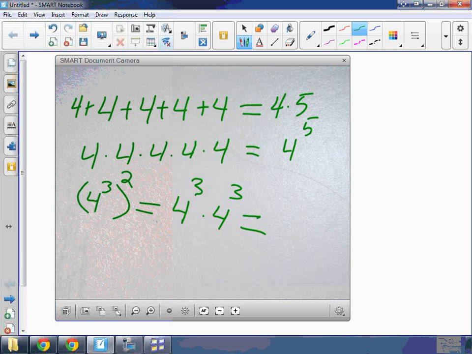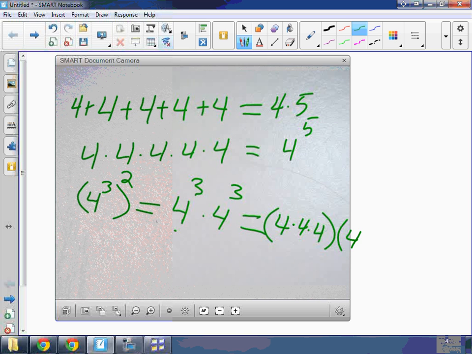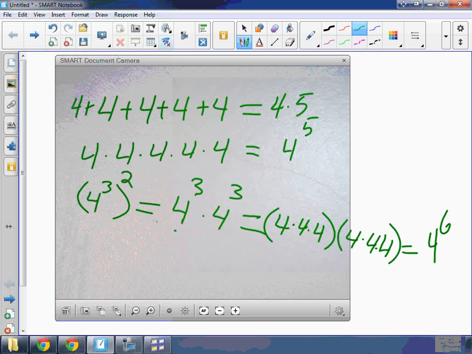Which rule could I use to write out all of the 4s? Am I going to write them out using multiply, or am I going to write them out using addition? Multiplication. So this is really 4 times 4 times 4 times 4 times 4 times 4, which is 4 to the 6th.